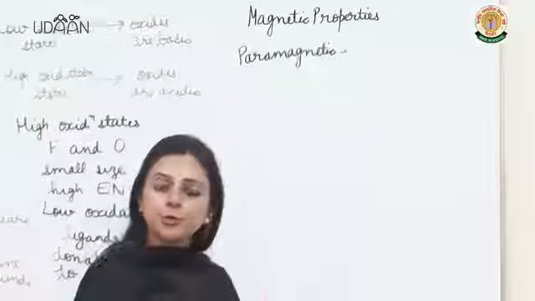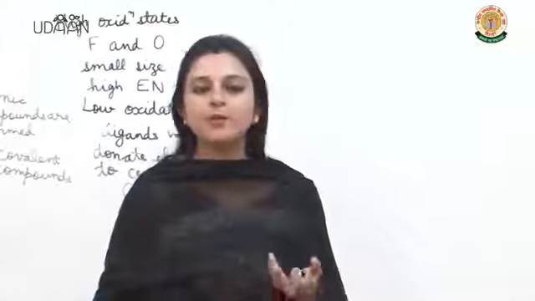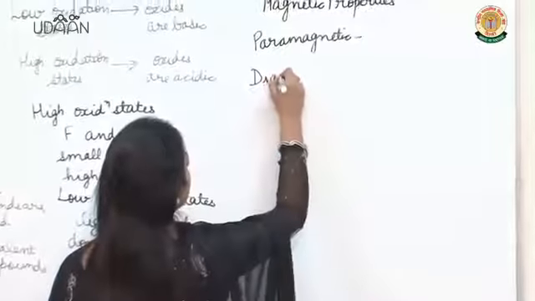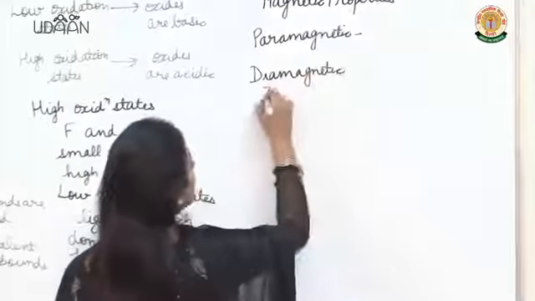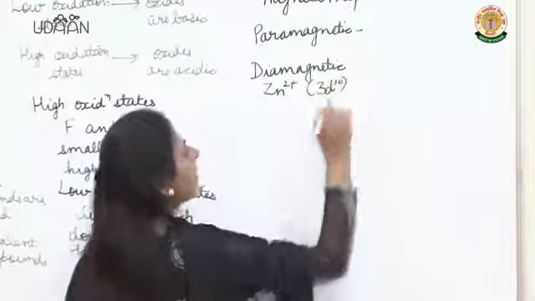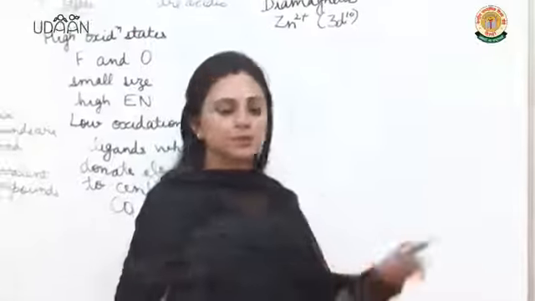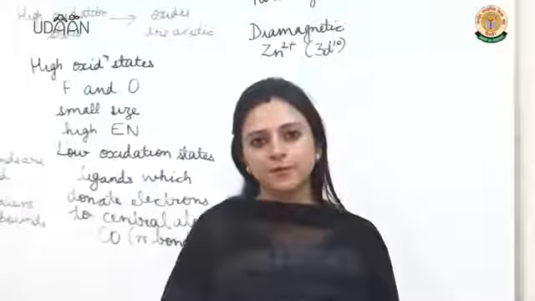Why? Due to the presence of unpaired electrons, they get attracted by the magnetic field. And they are diamagnetic when I talk about Zn2+, because the configuration is 3d10, all the electrons are paired, so it is diamagnetic, it will be repelled by the magnetic field.